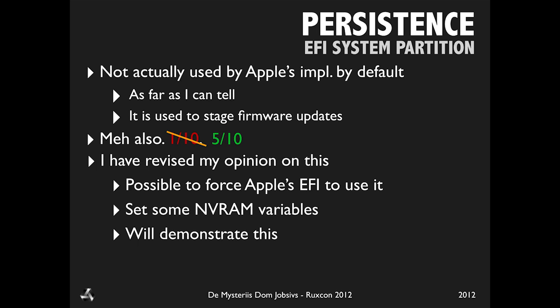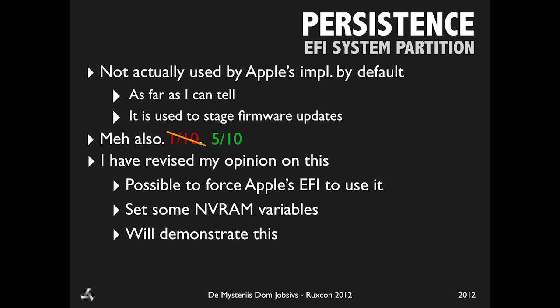You do that by configuring some NVRAM variables that point the BDS phase at where the next stage bootloader is going to be. So we can actually force Apple's EFI implementation to use it, and I'll demonstrate a way of doing that a bit later on. So I'm going to revise my opinion on that and give it a 5 out of 10.